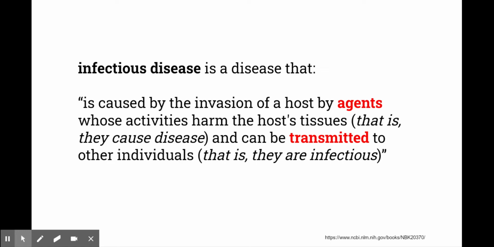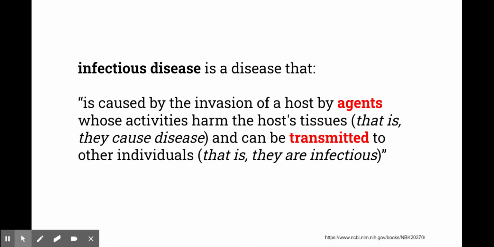So, simply put, an infectious disease is a disease or infection that is caused by the invasion of a host by some agent. So, the agent could be a virus, a bacteria, or a parasite that essentially hijacks the host and causes harm. For example, if it's a virus, it hijacks the cellular mechanisms to get the body to produce more viruses.